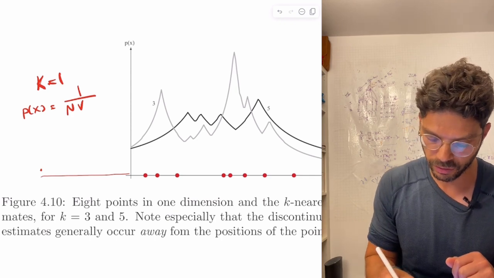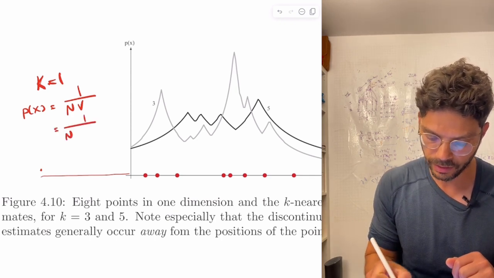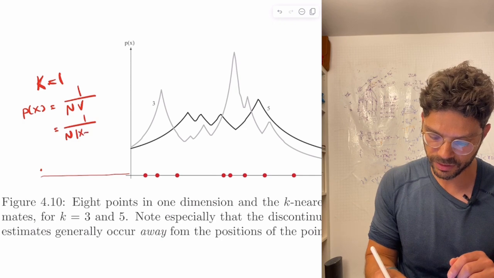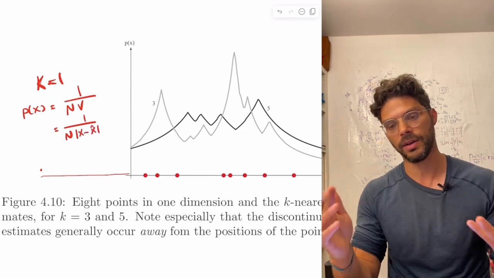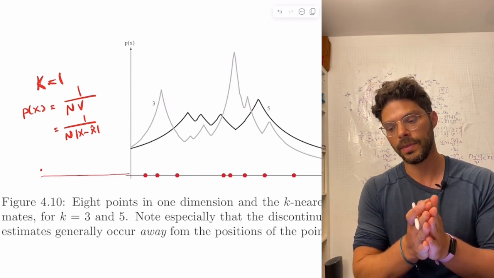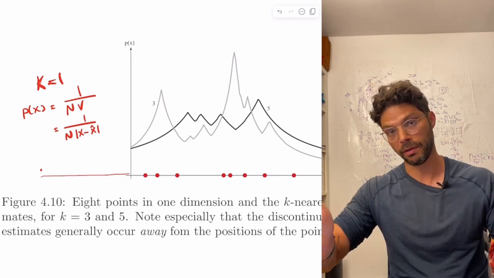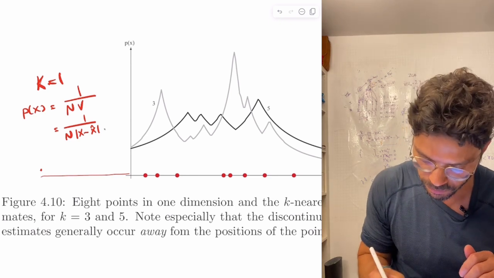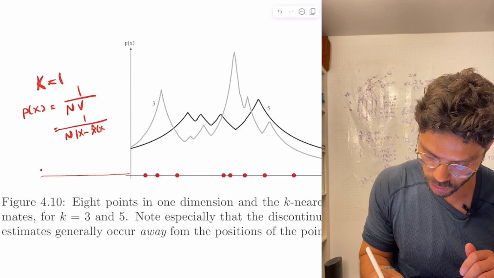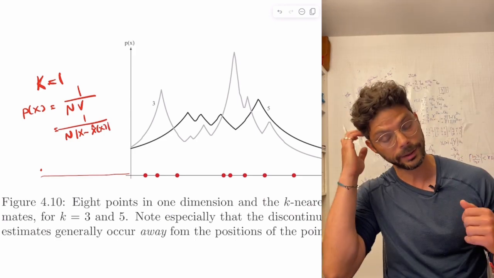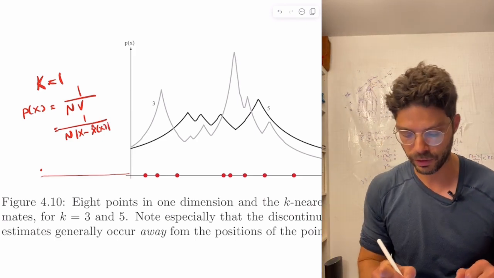So this is going to equal 1 over n times the absolute value of x minus x hat, where x hat is the nearest data point, because that's the smallest expansion you have to do. And this x hat should be a function of x, so that'll be the nearest point in the data to the point you're interested in.